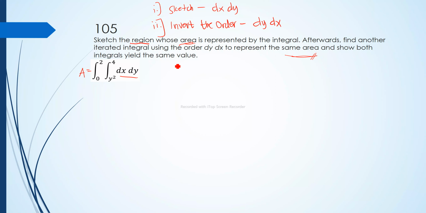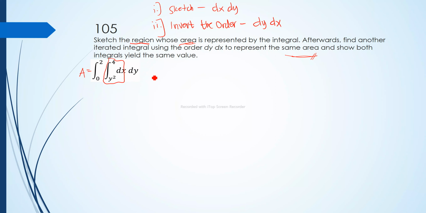So, first, let's try to solve. First we can try to solve the integral, and then afterwards we can try to draw. So we have the integral. Again, we evaluate the inside first.